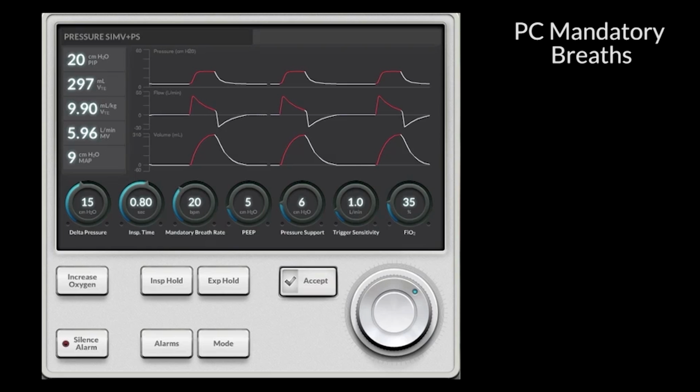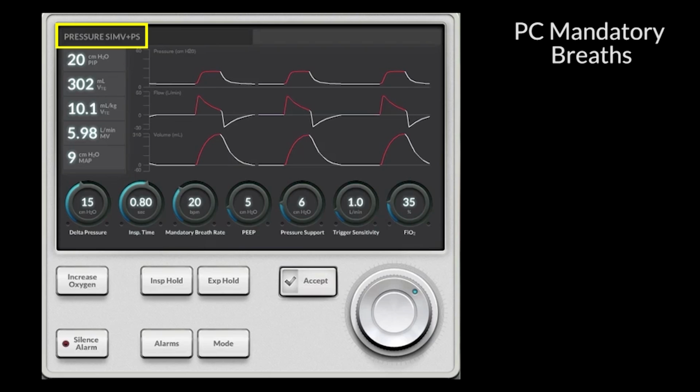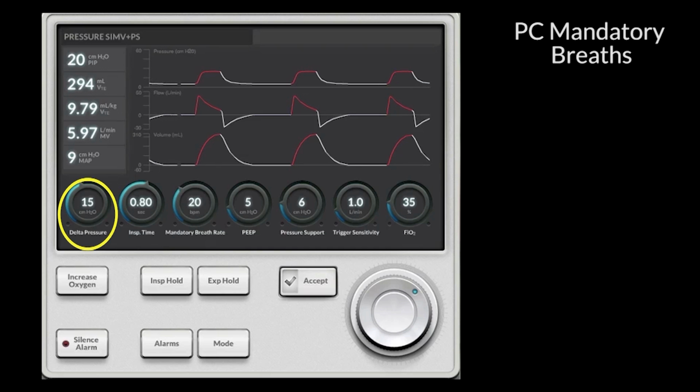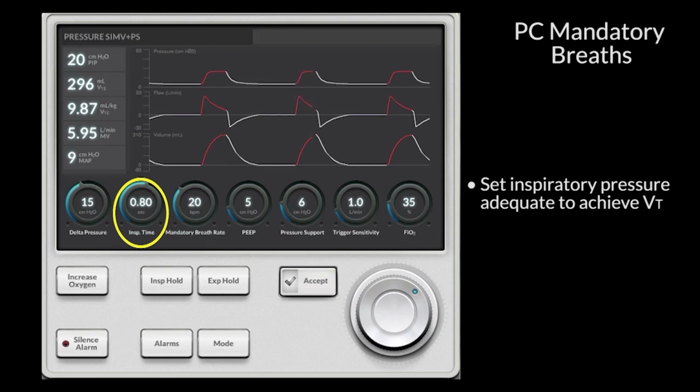If you're choosing a mode of ventilation where pressure control breaths are the mandatory breath type, and that's either pressure control, assist control, or pressure control, synchronized intermittent mandatory ventilation type modes, the breath is going to be defined by the target ventilating pressure and by a set inspiratory time. We're going to set an inspiratory pressure adequate to achieve the tidal volume that we have determined is appropriate.